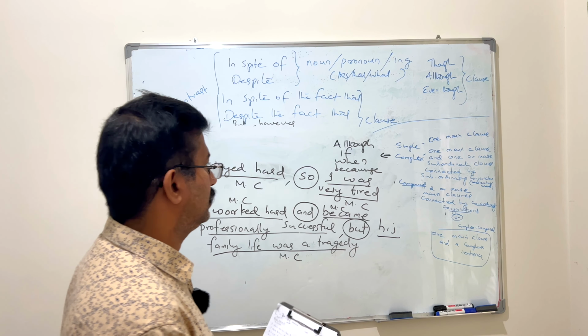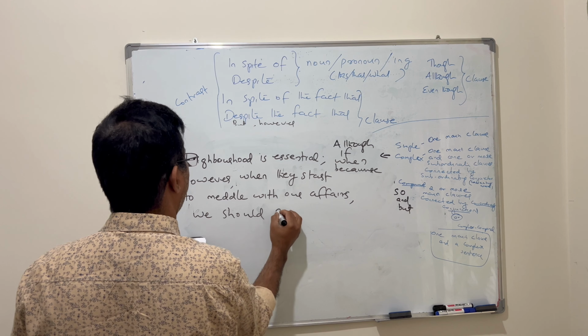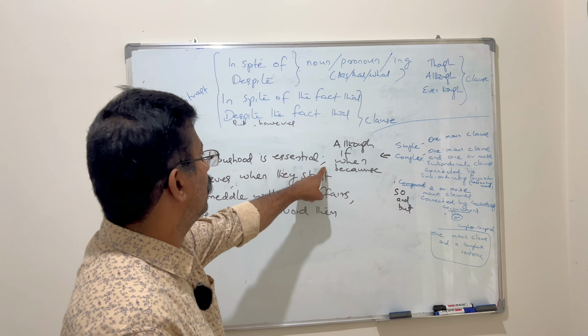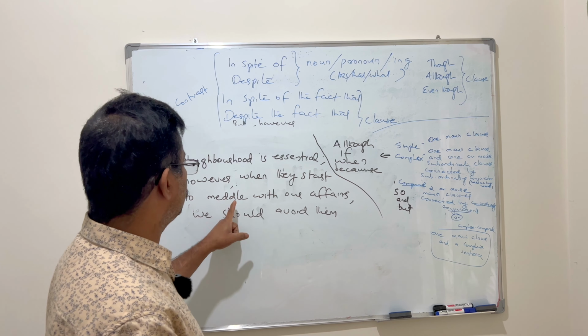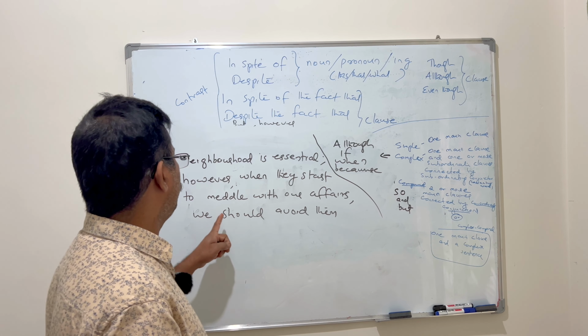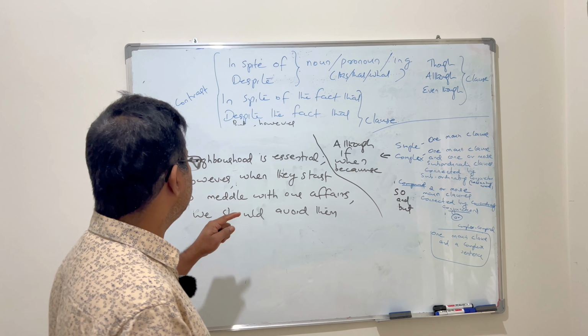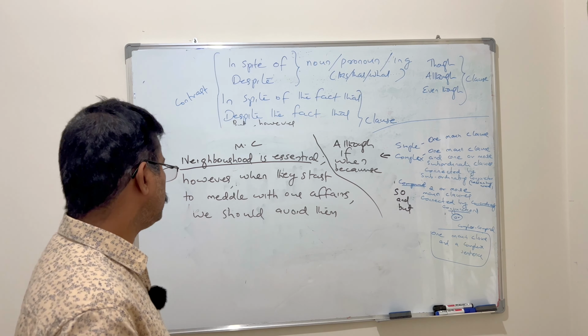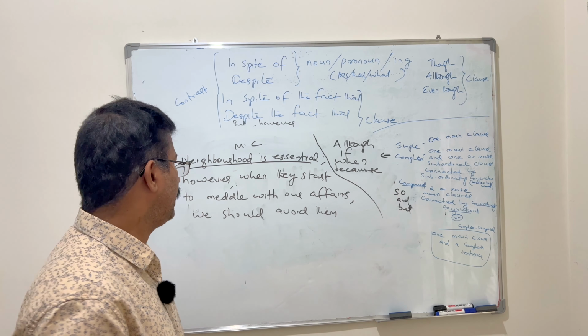Neighborhood is essential. However, when they start to meddle with our affairs, we should avoid them. Look at this example sentence. Neighborhood is essential, semicolon, however, when they start to meddle with our affairs, we should avoid them. To meddle with means to interfere. In this example sentence, "neighborhood is essential" is one main clause.